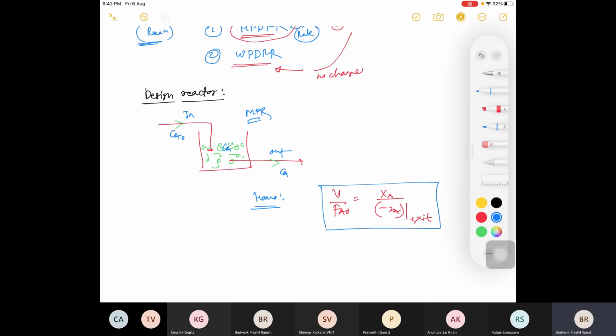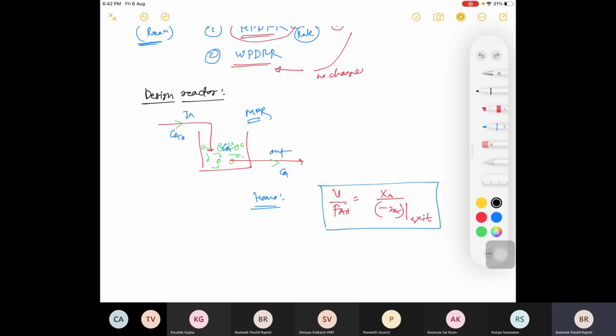And here, what I told you there is that I'm defining my rate based on volume of reaction mixture, or volume of reactor, you can say. Volume of reaction mixture is always better than volume of reactor, right? So this rate will be based on volume of reaction mixture. So I'll write here dash.